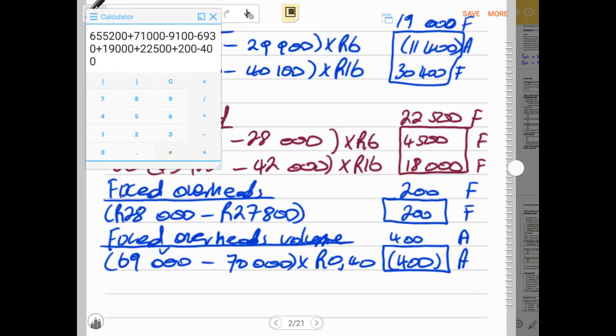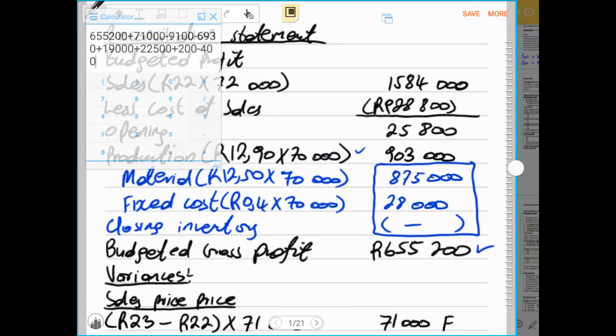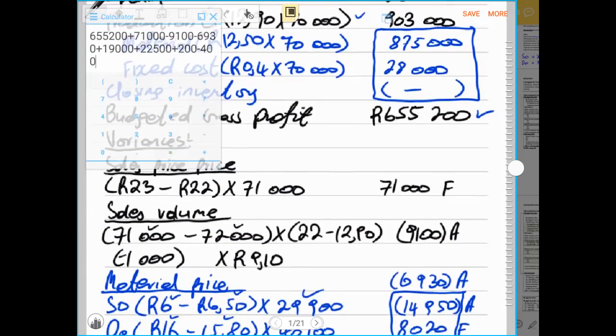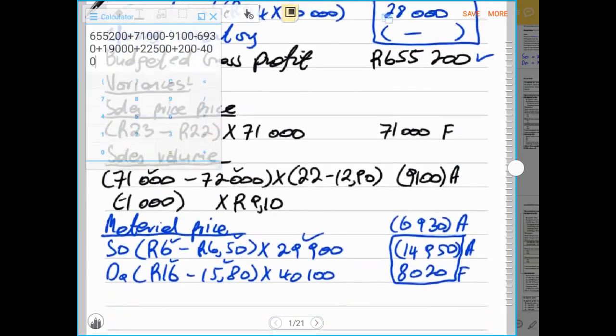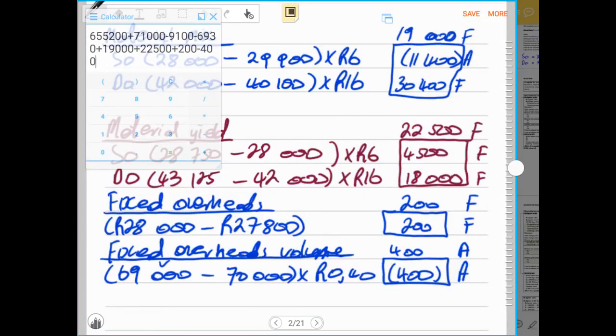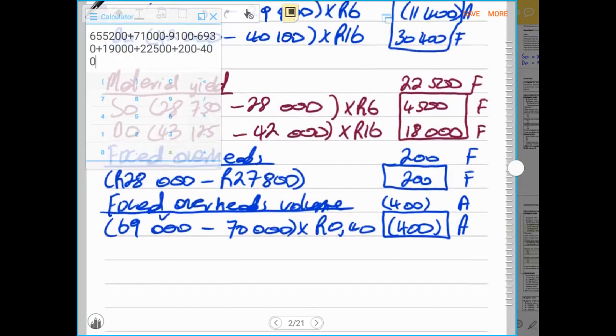Let me just reconfirm the figures. 655,200, yes, plus 71,000, minus 9,100, minus 6,930, plus 19,000, yes, plus 22,500, yes, plus 200, yes, minus 400. Sorry for that.